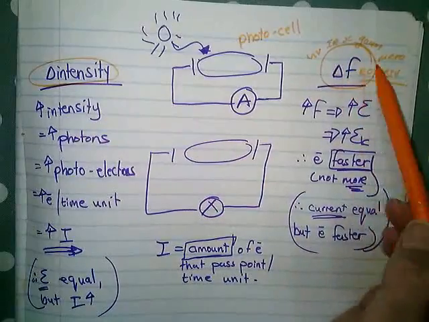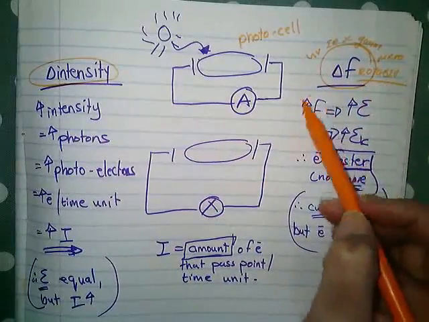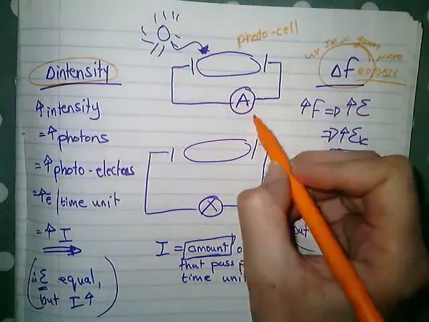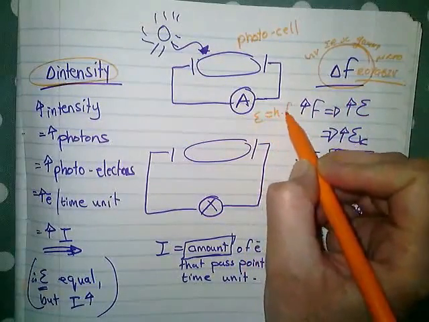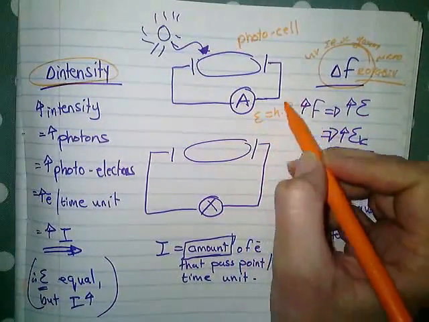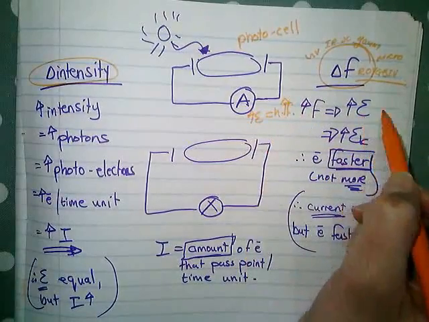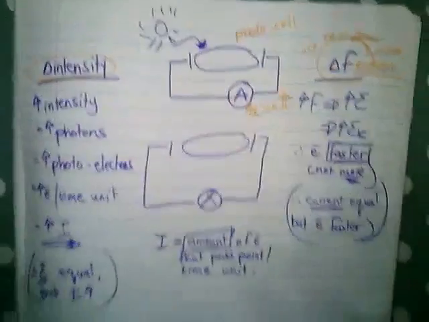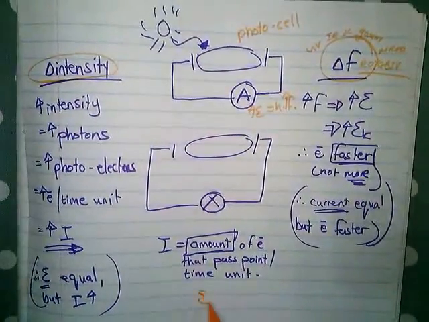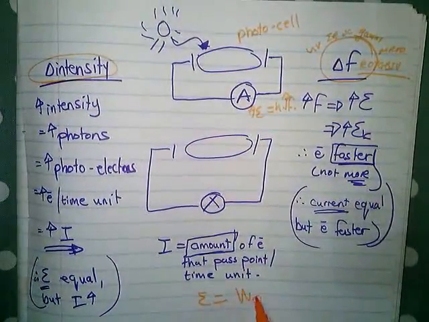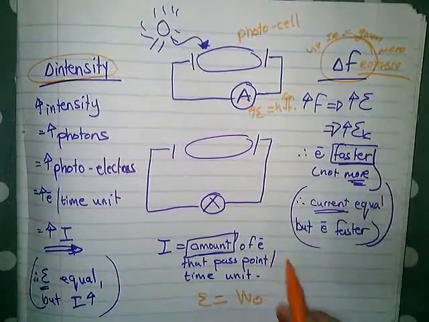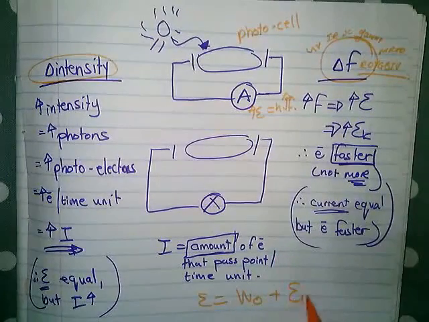So if we think about frequency first, if we change the frequency, because energy is h times f, if we increase the frequency, we're going to increase the energy, right? And the energy, you remember, is used for the work function to eject the electron, plus kinetic energy.